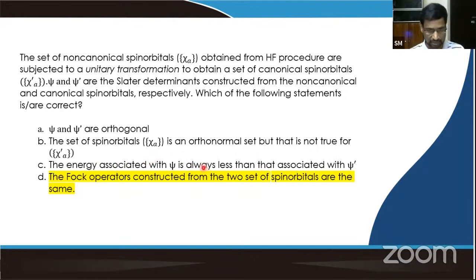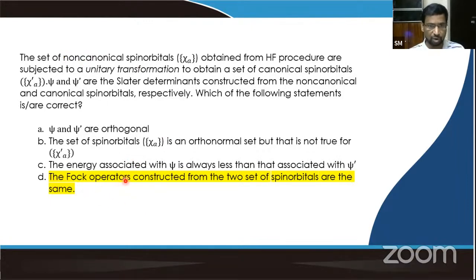This is wrong, because all properties associated with the canonical or non-canonical Slater determinants are going to be the same, since these two wave functions simply differ from each other by a phase. Since all expectation values have a bra and a ket term, the net result will be the same. So the energy, whether in the non-canonical or the canonical sense, wouldn't change.